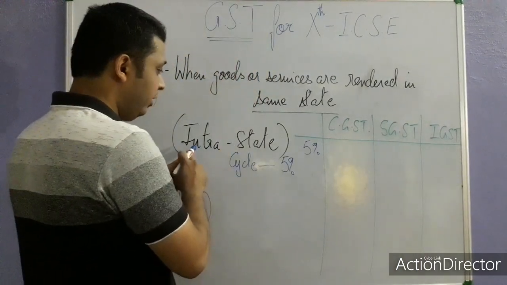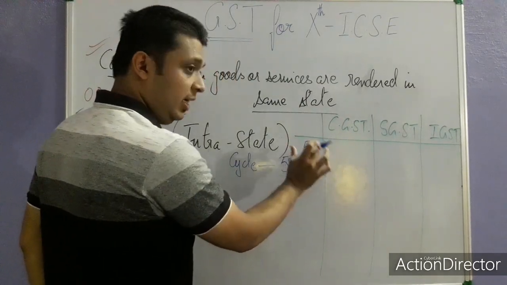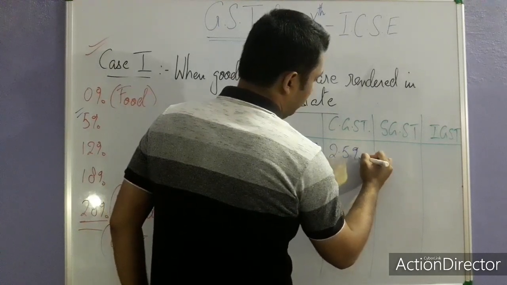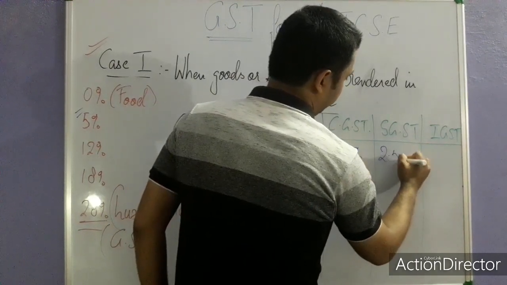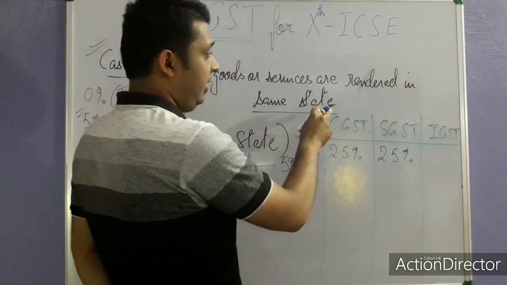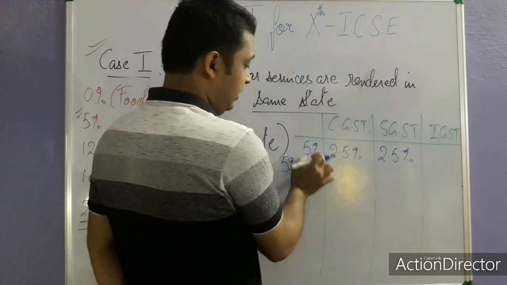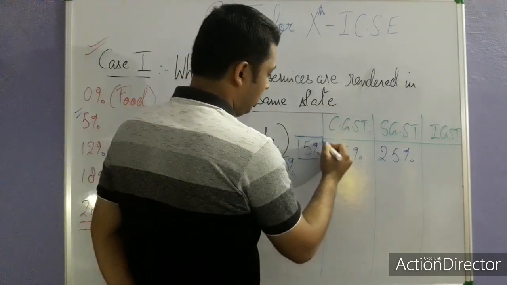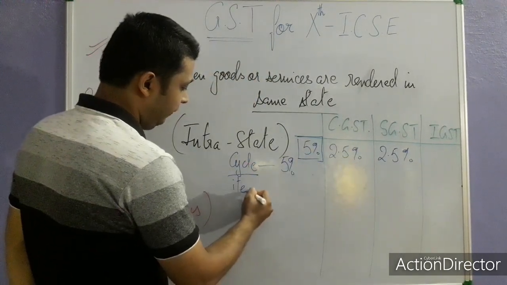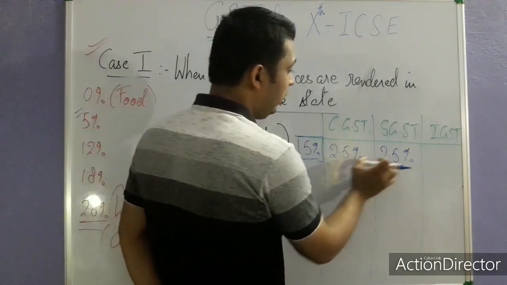When the case is intrastate, that means in the same state, then the 5% GST is divided into 2 equal GST rates. Clear? So in the same state, in a business transaction, the total GST levied on a particular item is divided into 2 equal parts.